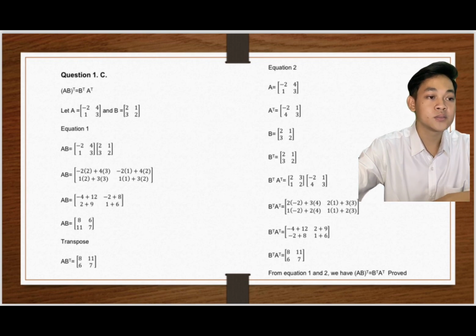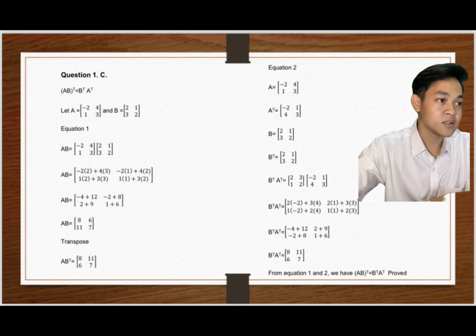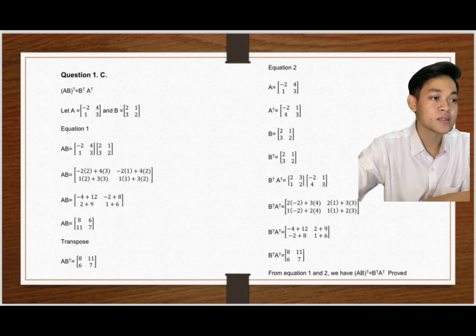AB equal to negative 2 multiply 2 plus 4 multiply 3, and negative 2 multiply 1 plus 4 multiply 2, and 1 multiply 2 plus 3 multiply 3, and 1 multiply 1 plus 3 multiply 2.